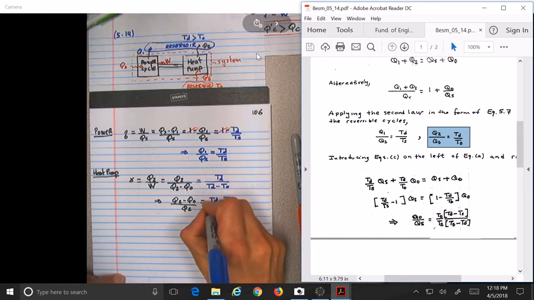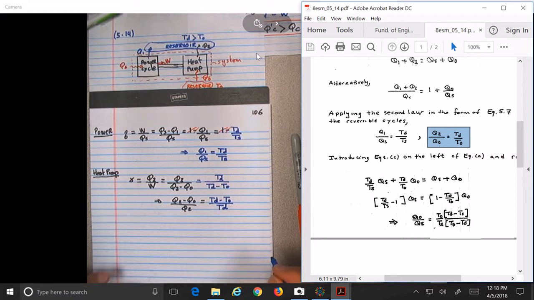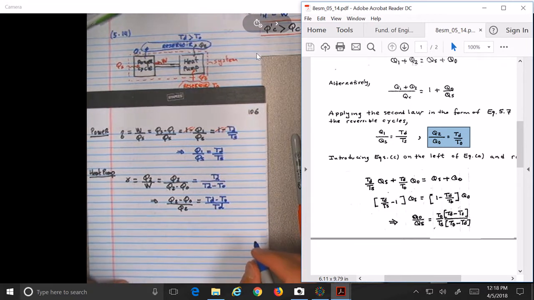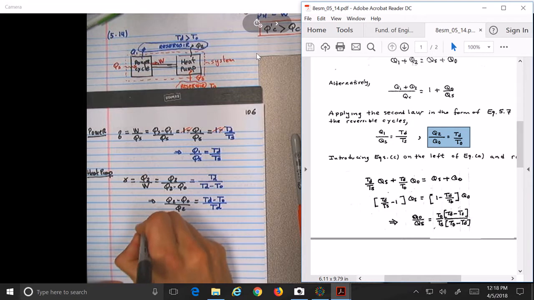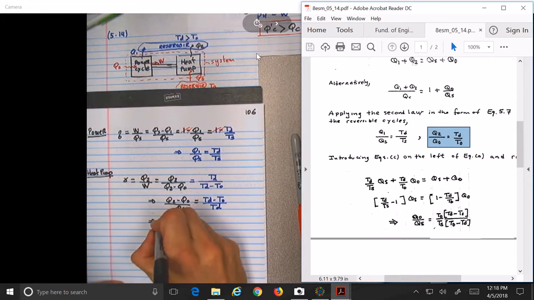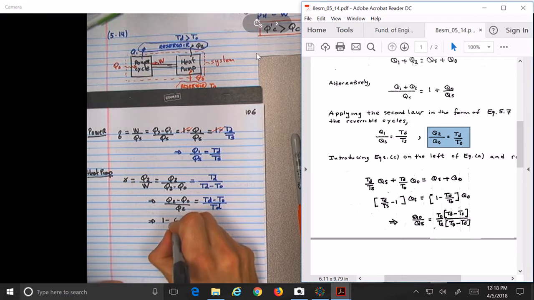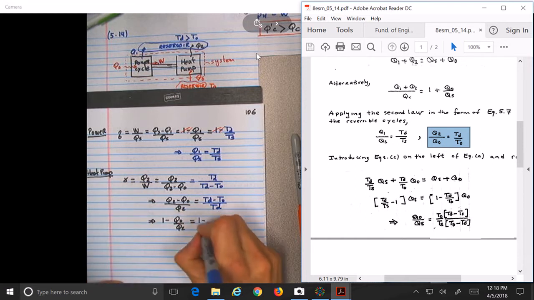So you take the inverse, no? So you find that 1 minus Q naught over Q2 equals 1 minus T0 over TD.